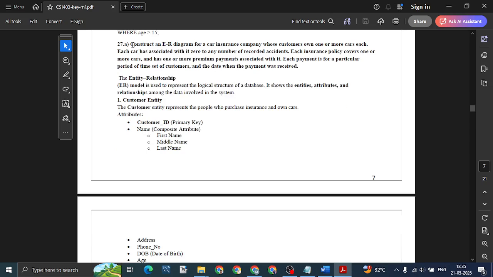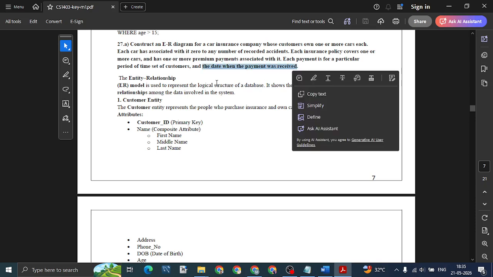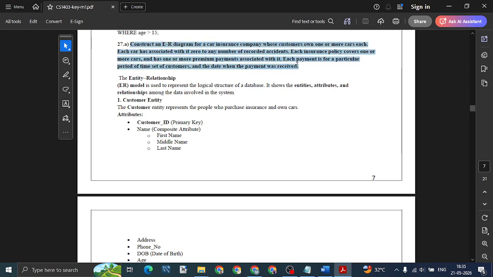You are going to construct an ER diagram for a car insurance company whose customers own one or more cars each. Each car has associated with zero or more recorded accidents, and each insurance policy covers one or more cars and has one or more premium payments associated with it, and each payment is for a particular period of time, with the set of customers and the date when the payment was received. So these are all the constraints given.